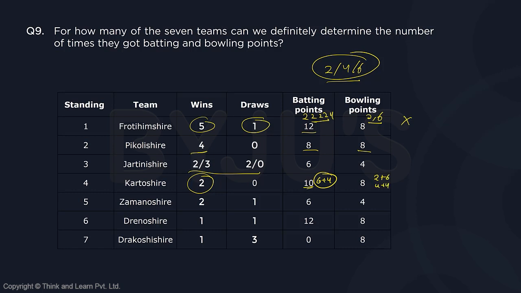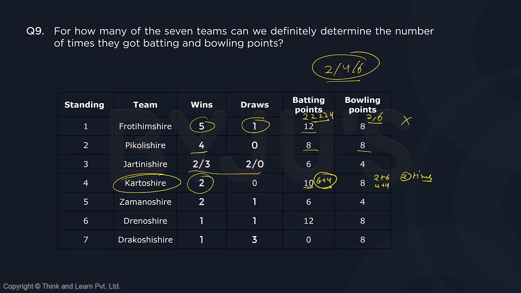I mean, there are 2 cases, but the question was something else. The question was how many times we got the batting and bowling points. So definitely 2 times. So bowling points as well as batting points, I am getting 2 times. So for K, I am pretty sure of the number of times batting and bowling points were awarded. Are we clear? Okay. All right.